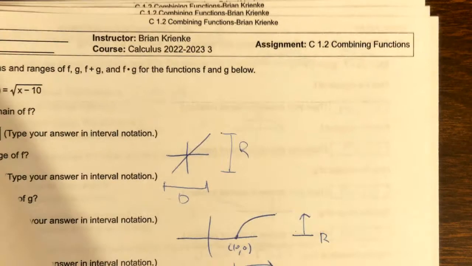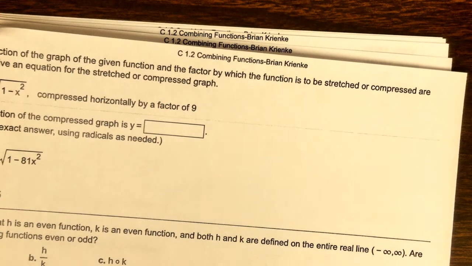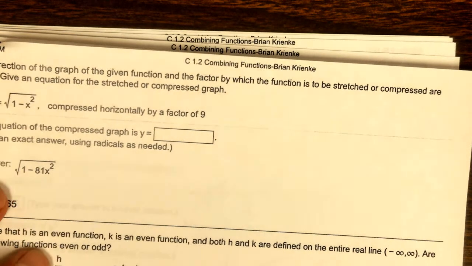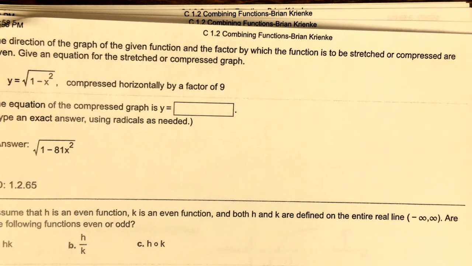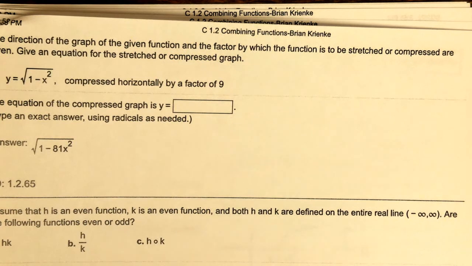Okay. 14 and 15 are our last ones. Now on 14, we are doing a compression horizontally by a factor of 9. So what we have to do is put a 1/9. Okay, let's work this out slowly.